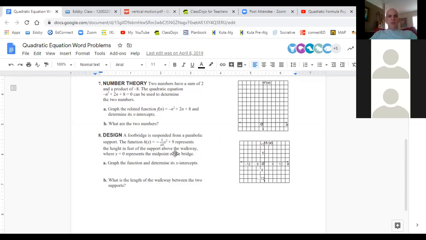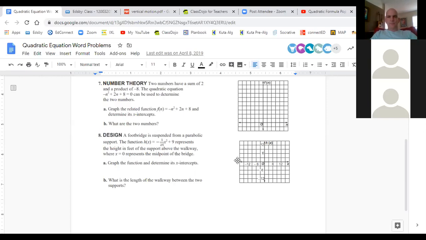And they're giving you this function that represents the height in feet of the support above the walkway, where x equals 0 represents the midpoint of the bridge. So its tallest point, the vertex of the parabola, is where x is 0. They want you to graph that function first.